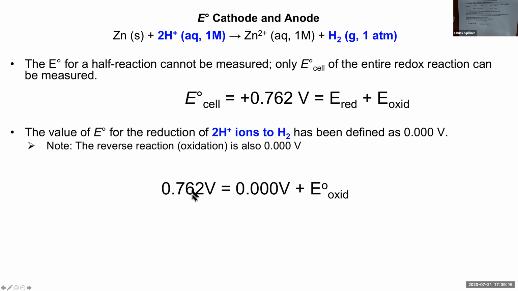And we come up with 0.762 volts, because we measured 0.762, equals 0 plus E naught oxidation, and that's for the zinc reaction. And so I've written this here. So 0.762 is the oxidation potential for zinc, going from zinc to zinc 2+ ion. The reduction potential would be the opposite. So the E naught reduction for zinc 2+ going to zinc is minus 0.762.